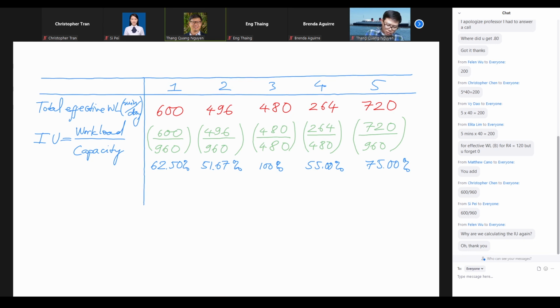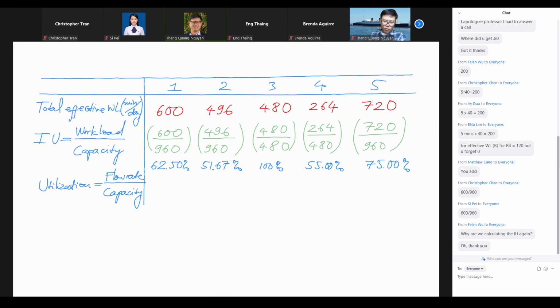Now, because it works, we can actually calculate the utilization. Utilization equals the flow rate divided by the capacity. Okay, so I would like you to pause a little bit and think about how to calculate the utilization in this case.